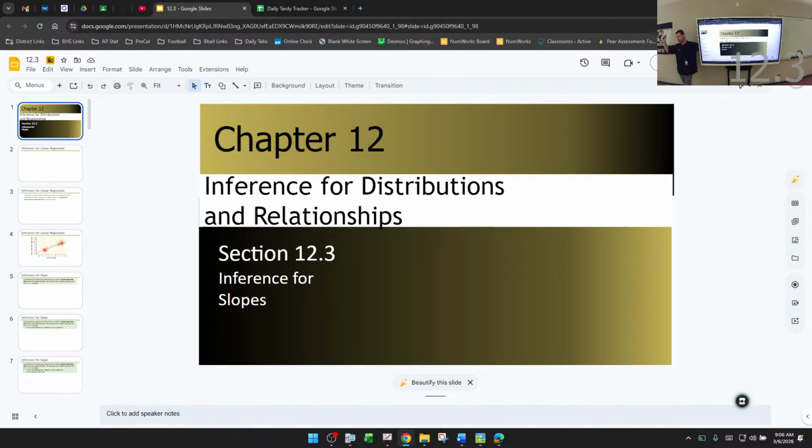It's more of a review of chapter 3 than it is new stuff. Basically, we're combining all the stuff from chapter 3 and chapters 10 and 11. 10 and 11 was inference for means, confidence intervals, hypothesis testing for means. Okay?